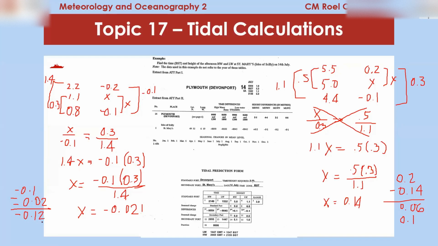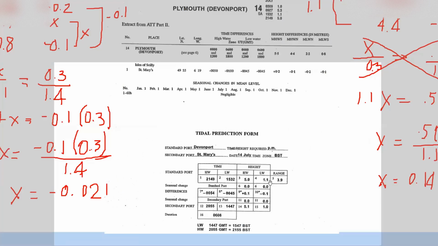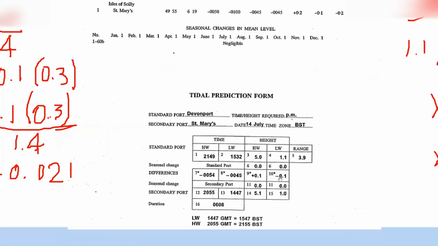Okay, so kailangan lang natin na isang decimal. 0.1. Negative 0.1. Okay. So let us see. Okay, so nakuha ba? Negative 0.1.